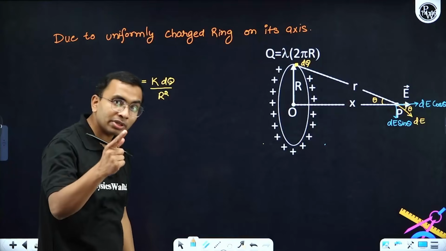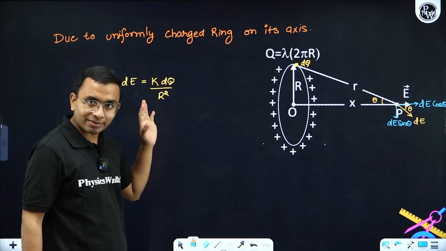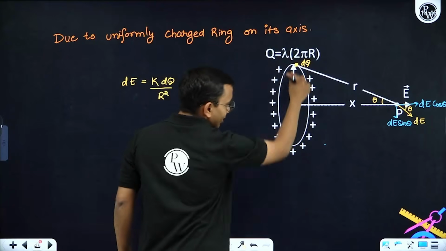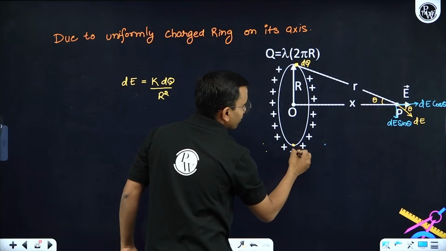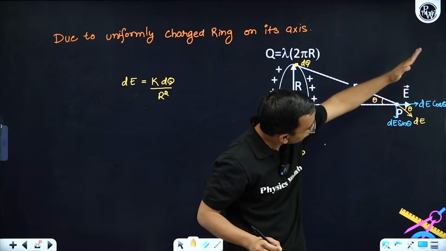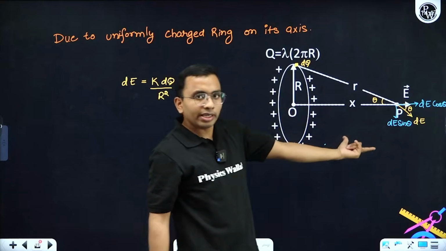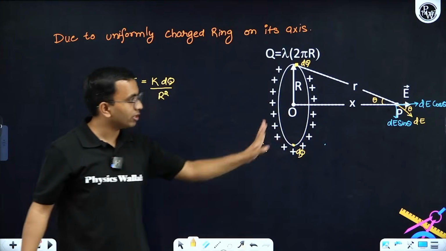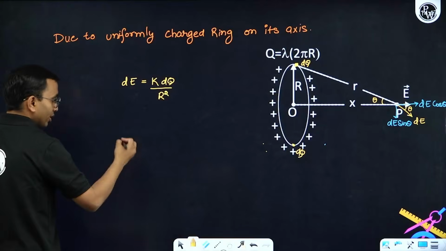Now again the same thing, if you integrate dE sin theta, it will come to 0. You can visualize this also. If I take a similar point on the other side of the ring, it will have a component somewhat like this. The horizontal is adding, the vertical is getting cancelled. So the total electric field is in the horizontal direction.